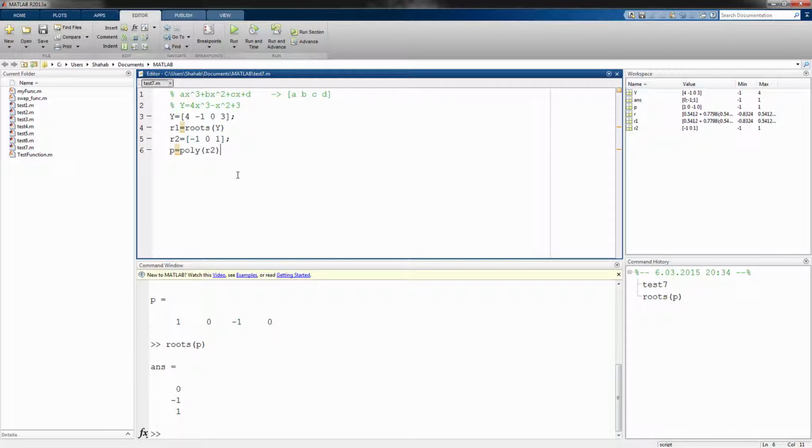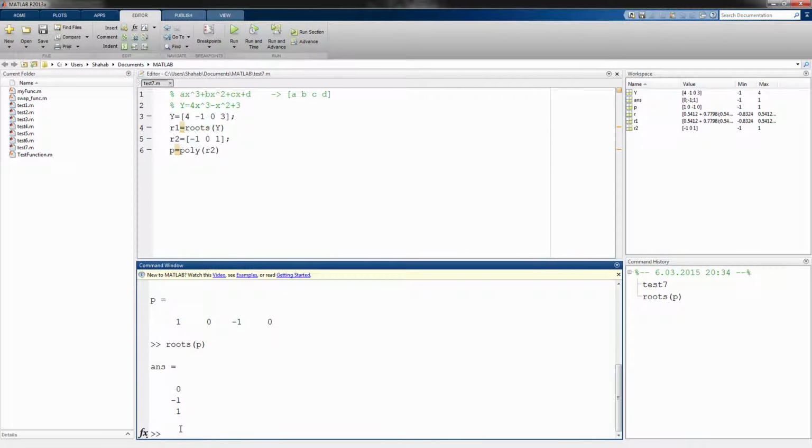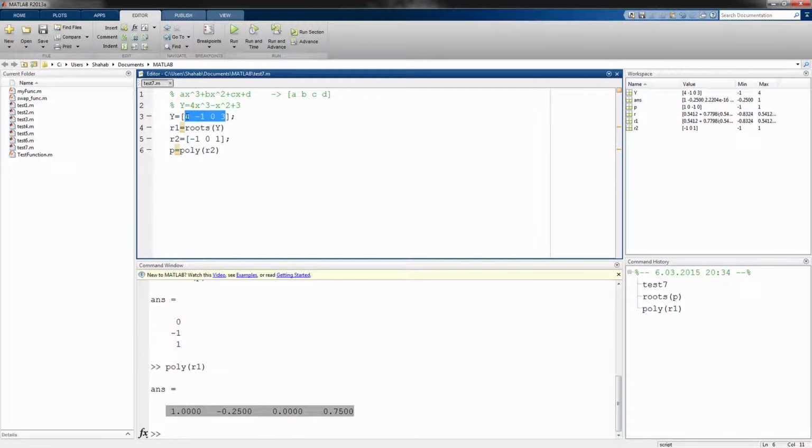Now we can even test r1. Let's see what the coefficients of r1 are. We write poly of the roots of r1, and the coefficients are given as 1, minus 0.25, 0, and 0.75. As you can see, the coefficients that we had were 4, minus 1, 0, and 3.